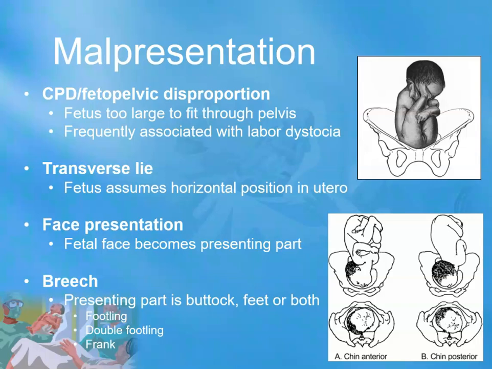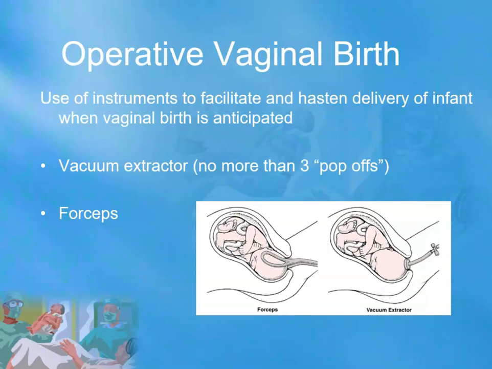So malpresentation. Some operative vaginal devices for vaginal birth, sometimes for vaginal delivery, and even in a C-section, they may use operative instruments. And this is the use of instruments to facilitate and hasten delivery of the infant when vaginal birth is anticipated. But like I said, we can also do this in a C-section.